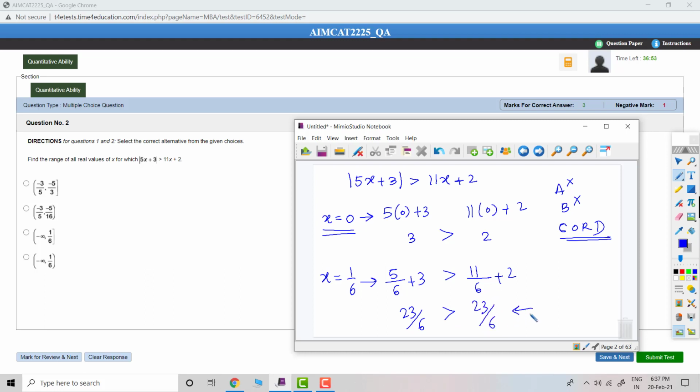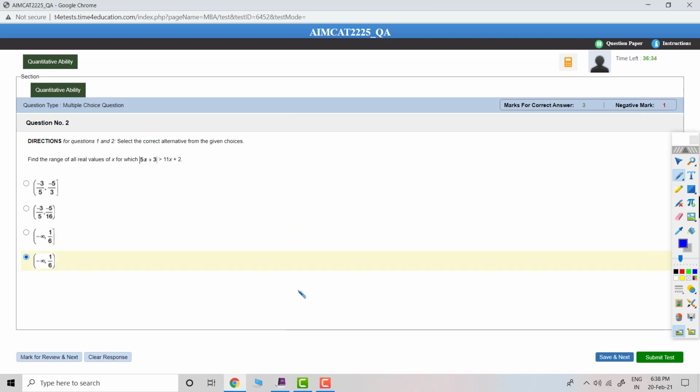This is incorrect. That is why x equal to 1 by 6 is wrong. That is why option C is not correct. So we can say option D is correct. So the answer is option number D.